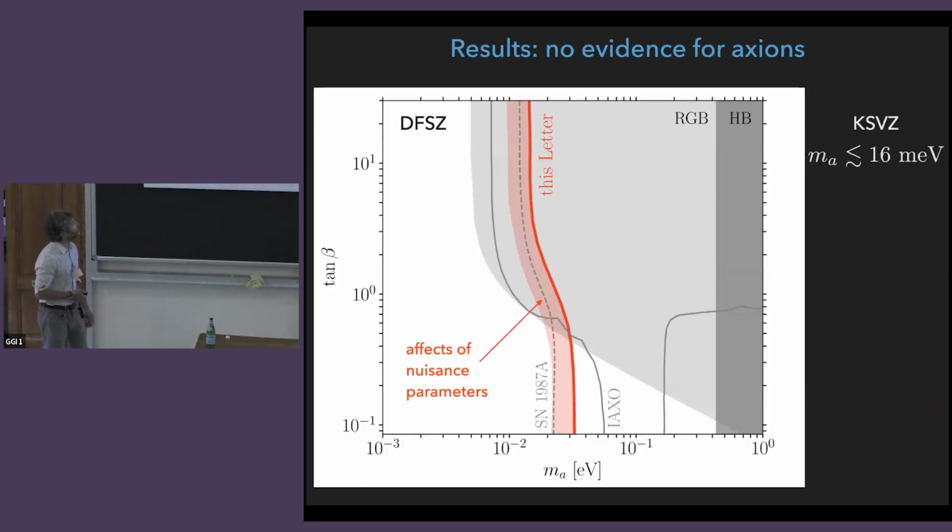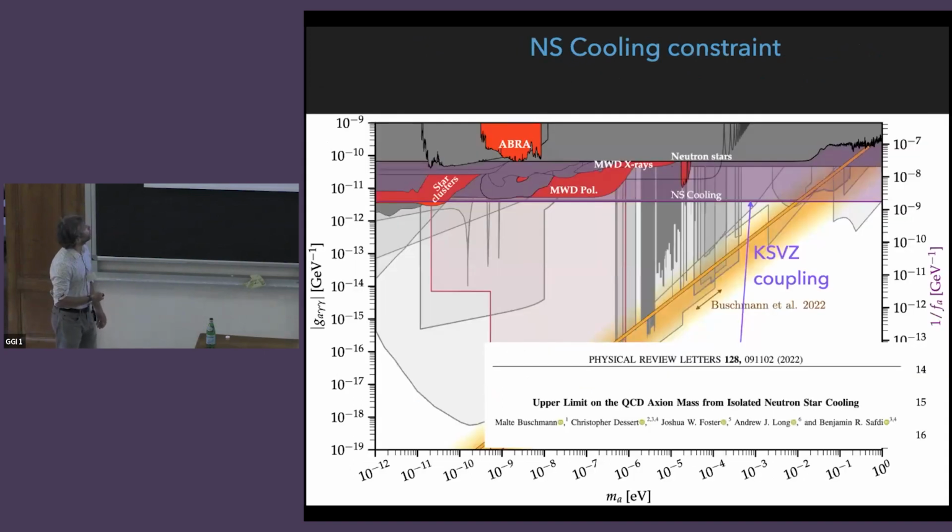So at the end of the day, we're able to constrain the mass of the KSVZ QCD axion to be less than 16 meV, which is essentially the same as the constraints that we heard about yesterday. And this is the constraint in the context of the DFSZ axion. I'm not going to say any of the details here, but again, happy to chat offline. But to conclude, if you put that constraint on this parameter space, it looks like this.